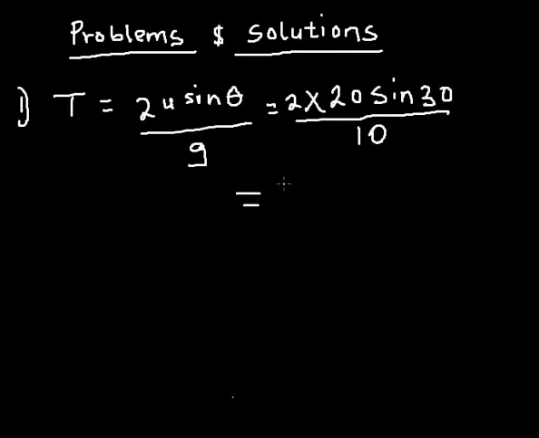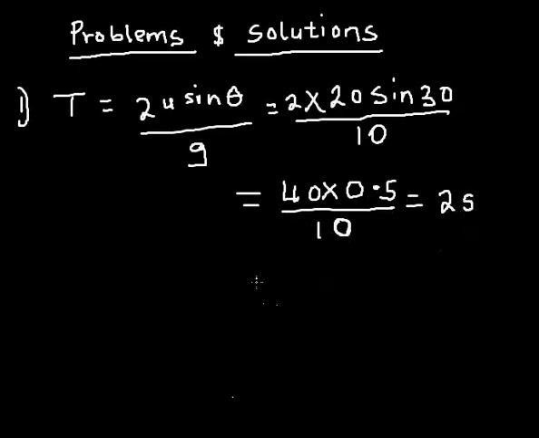So this is going to be equal to 40 times sine 30, which is 0.5, then divided by 10. 40 times 0.5 is 20. 20 divided by 10, that's 2. So 2 seconds. All right, so that is the time of flight.